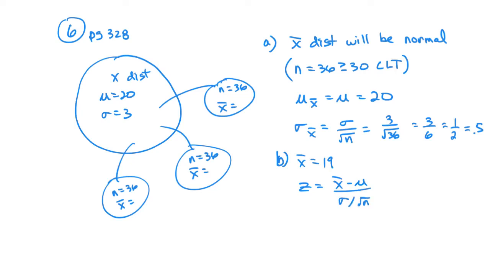I'm going to do what I always do, just to make sure we're careful here. So we just plug in the values. So we've got 19 minus 20, and sigma is 3 divided by the square root of 36 again.